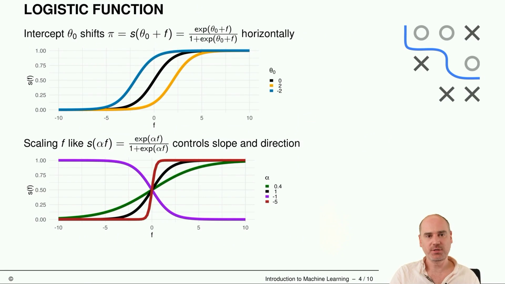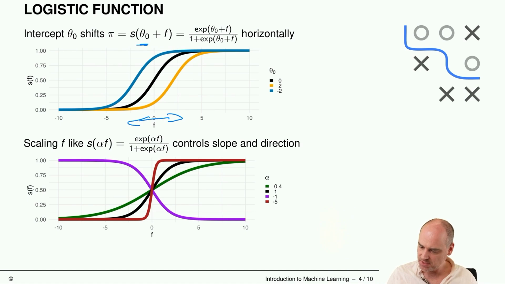A few comments on the logistic. So you can, for example, visualize this a little bit and ask ourselves what happens if we add an intercept to our argument. It should be very clear that this intercept pretty much shifts our function horizontally from the left to the right.